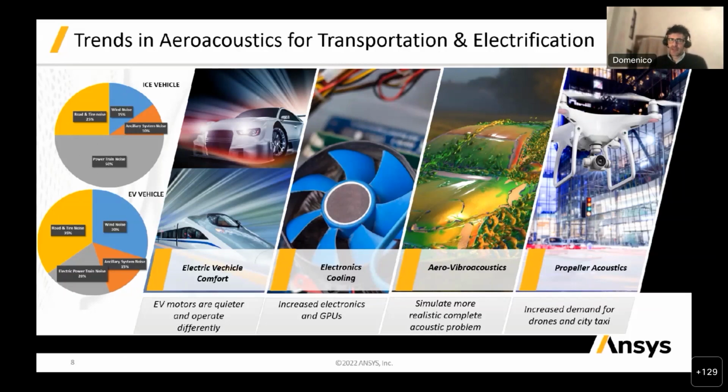But now with electric vehicles, we have electric motors, and they are generally much quieter. So we have reduced this noise, but you might also have experienced that then you start to feel, perceive, and listen to the other noise sources. All the other noise sources are now becoming in some way more relevant because they are less masked by the powertrain noise.